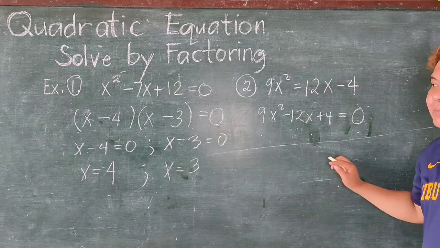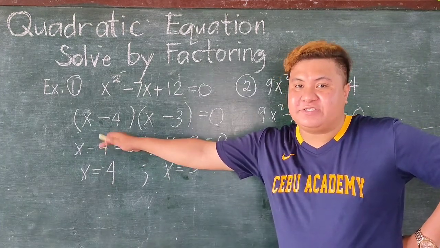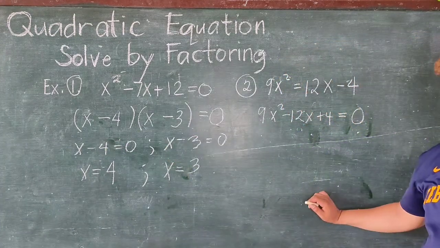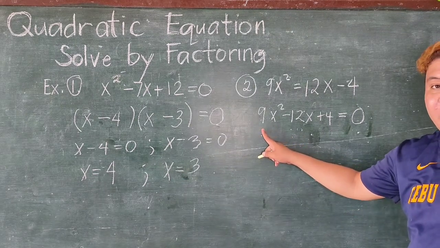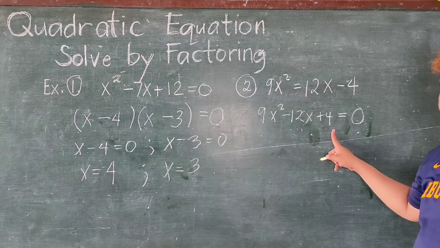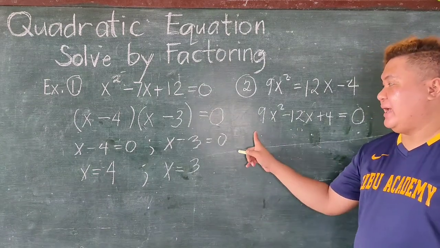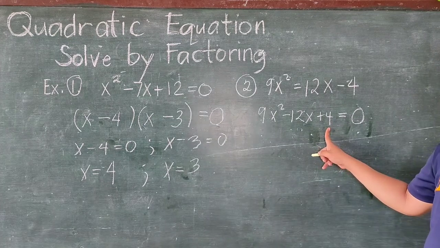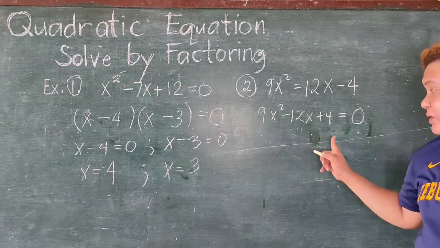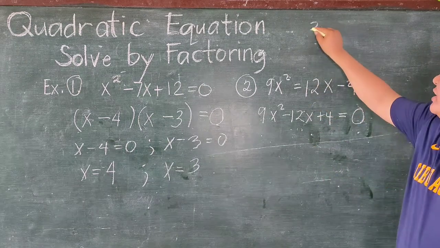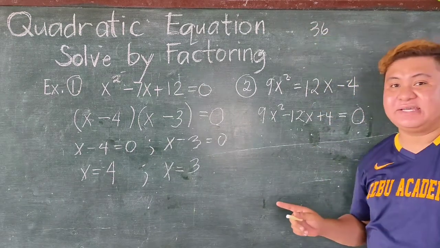So now, let's solve. For us to be able to get this kind of answer, what we will do is multiply A and C. Again, you have to multiply A and C. So if you multiply 9 times 4, it is 36. Okay? Again, 36.